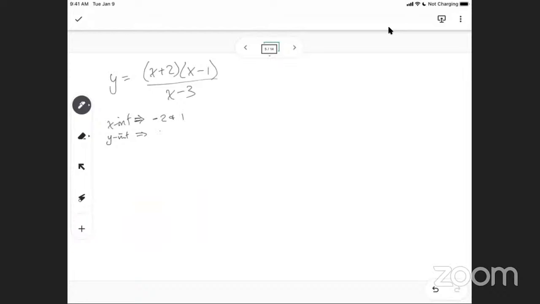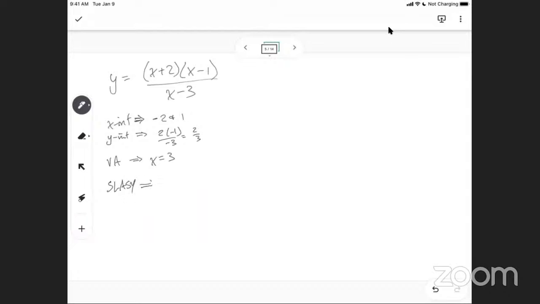It's going to be 2 times -1 all over -3, which is 2/3. So there's my y-intercept. My vertical asymptote is going to be where the denominator equals 0, so it's at x equals 3. And I have no horizontal asymptote, but I have a slant asymptote.